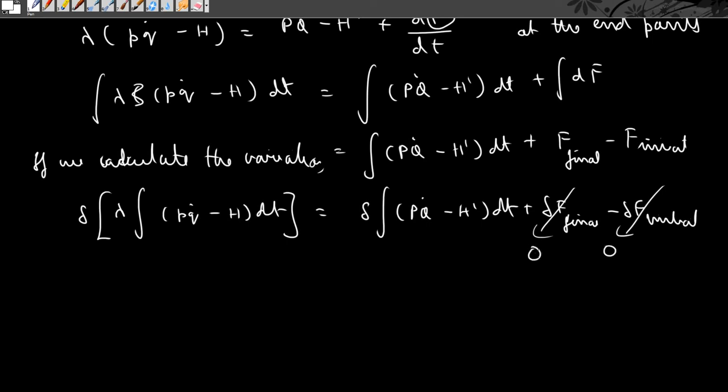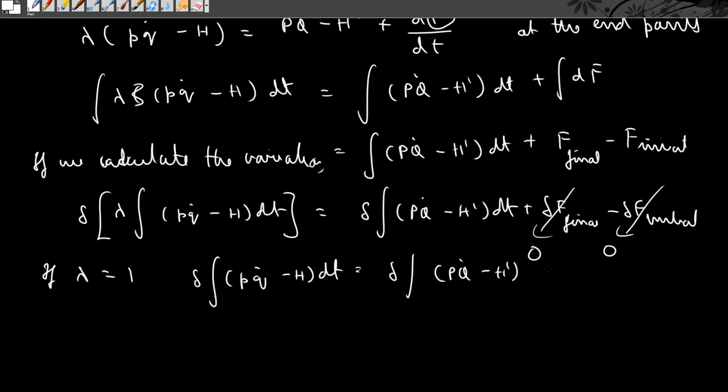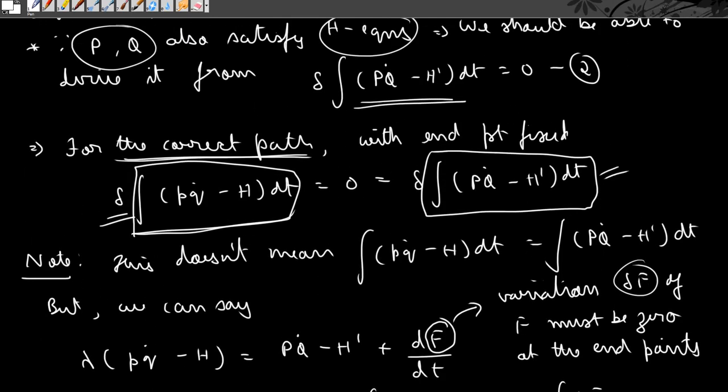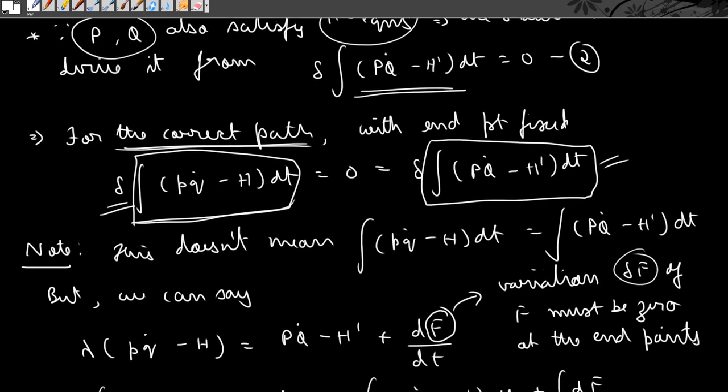Okay, so this implies that if lambda is equal to 1, then we see that the variation in integral of p q dot minus H dt is equal to the variation in integral of p q dot minus H dash dt, which is what we initially assumed.